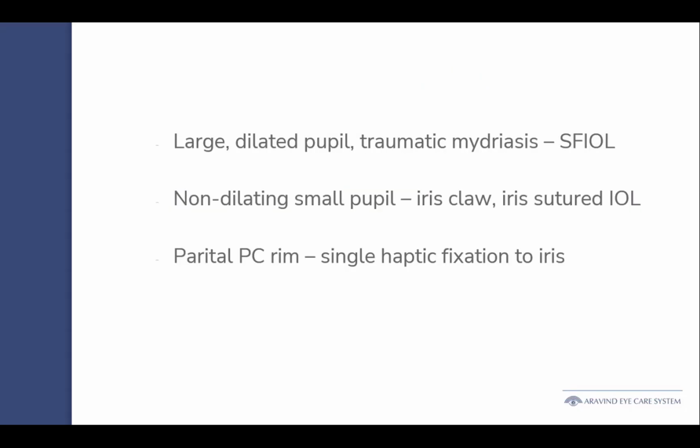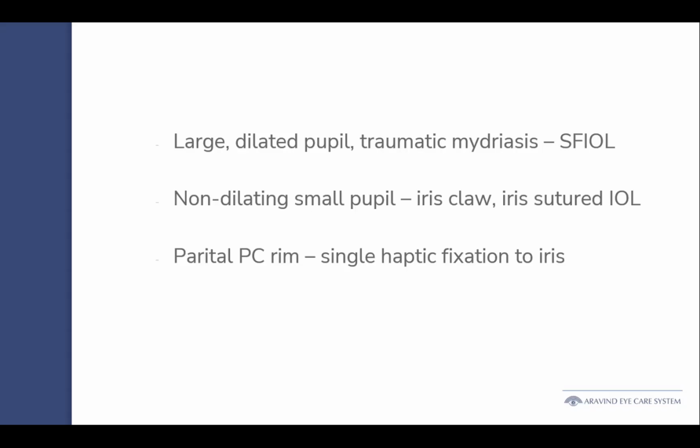A large dilated pupil, traumatic mydriasis, we have to go for an SFIOL. Naturally, iris fixation is not possible. A non-dilating small pupil, iris claw is much better, or iris suture IOL is much better, and a partial PCM, a single haptic fixation to iris may be enough if you can rest one of the haptics in the sulcus.